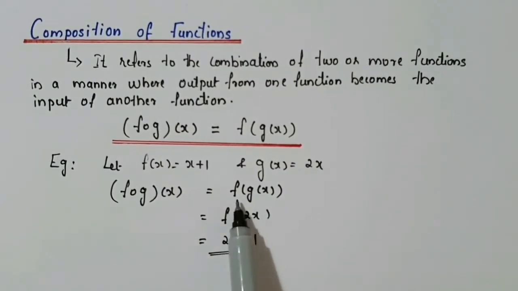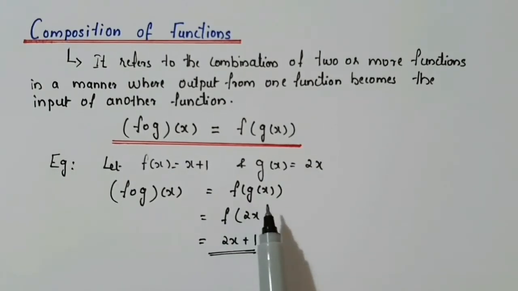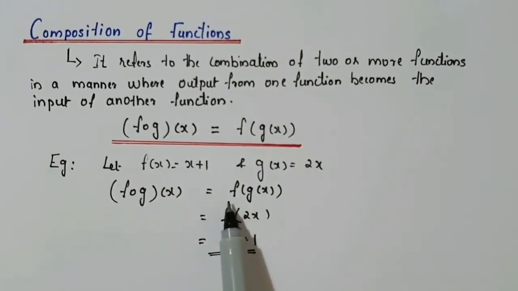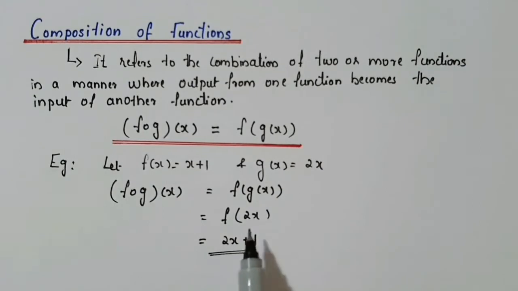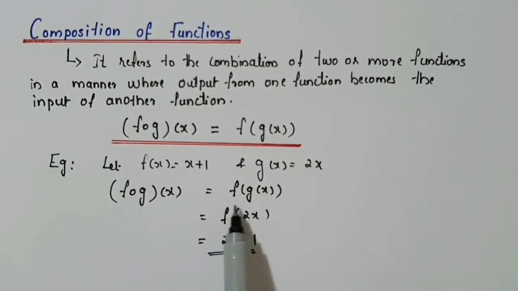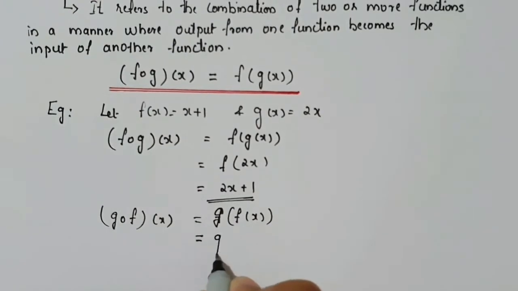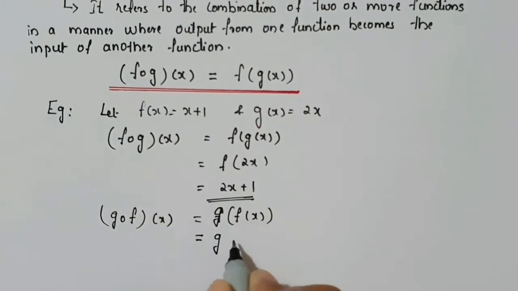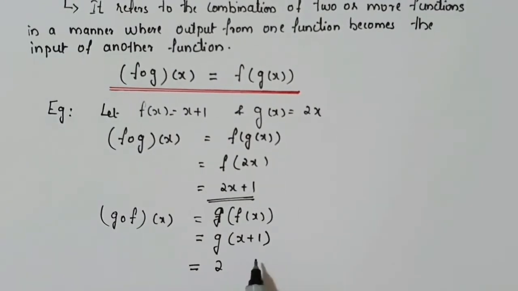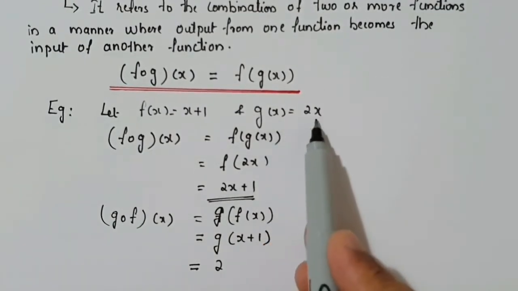Always remember that f of g of x does not usually have the same value as g of f of x. In this problem, if we check g of f of x, this is equal to g of, now what is f of x? f of x is x plus 1. We have g of x is 2x.